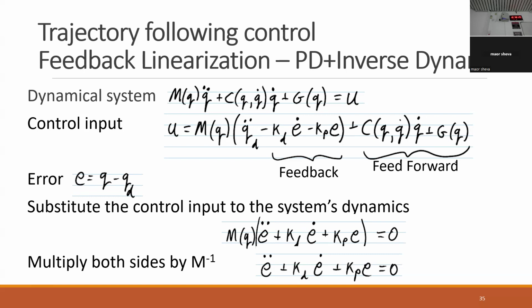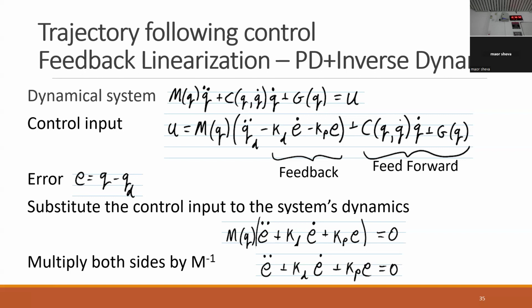And we have here these two terms that depend on the error between the current state and the desired state, and they are the feedback that actually gives some effort in order to get the system back on track if it diverges from the track. So now we can analyze the stability of this system.